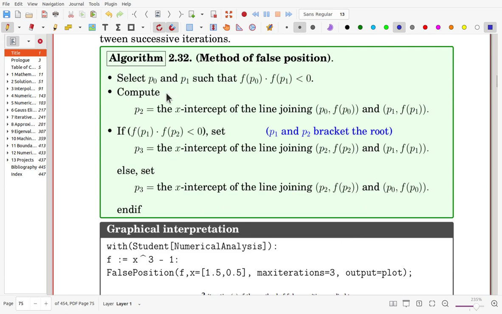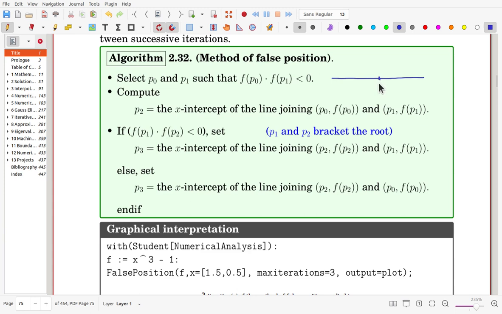The initial two values p0, p1 are chosen such that f of p0 times f of p1 is negative. That means that p0, p1 are chosen such that p is between them. Let's see this picture.